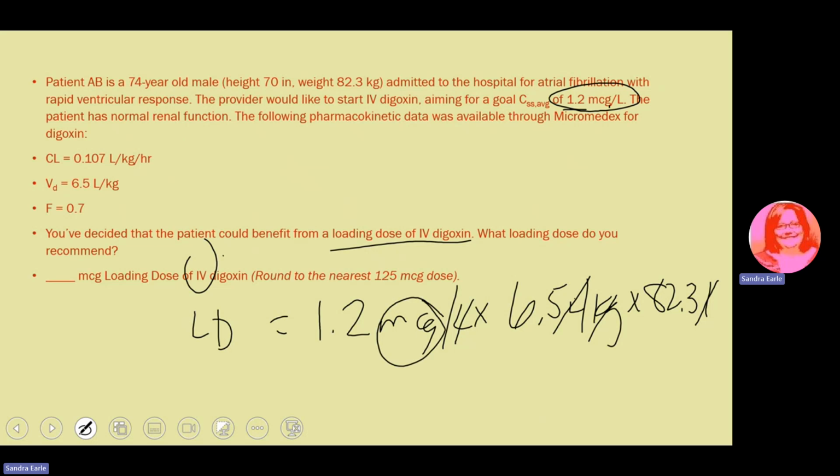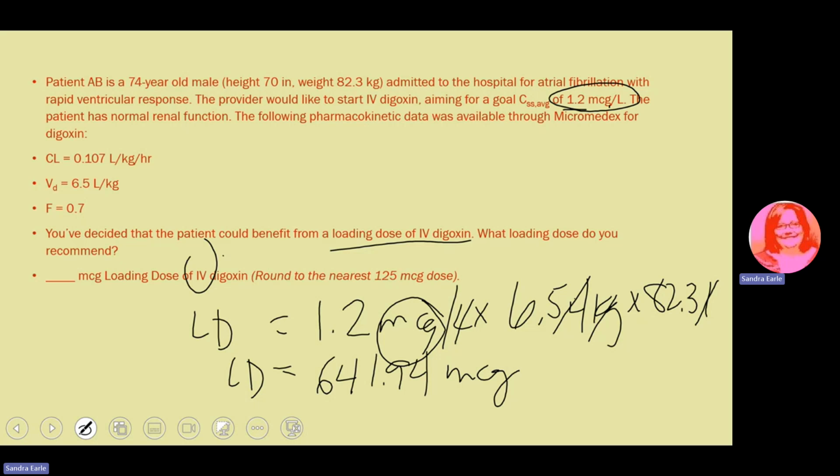So that makes sense. 1.2 times 6.5 times 82.3 is, let's see, I got 641.94 micrograms for our loading dose.